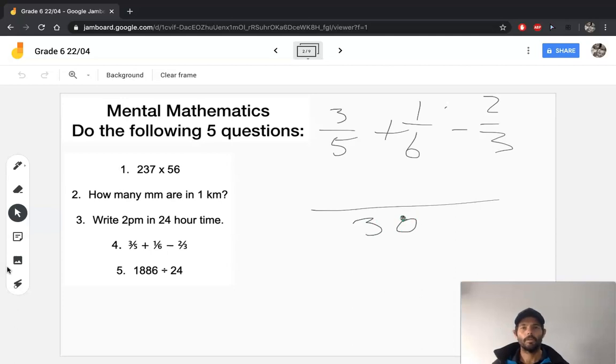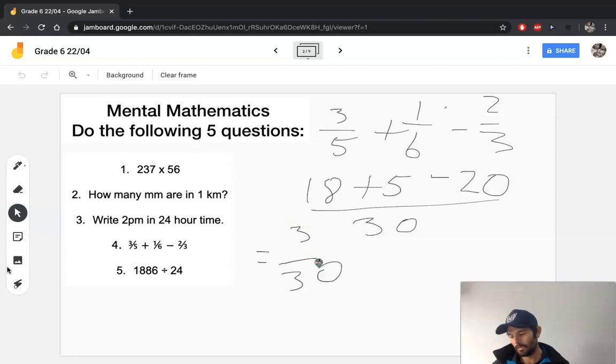So 5 goes into 30 6 times. 6 times 3 is 18. 6 goes into 30 5 times. 5 times 1 is 5. 3 goes into 30 10 times. 10 times 2 is 20. All right, and then if I work that out at the top, that's going to give me 3/30. And if I simplify that, that's 1/10.